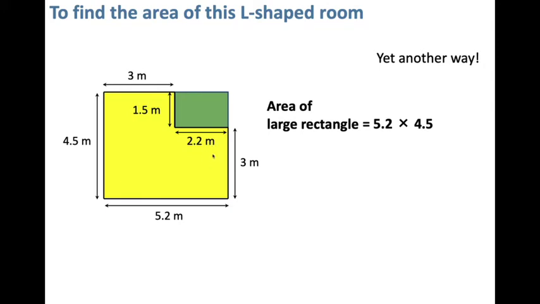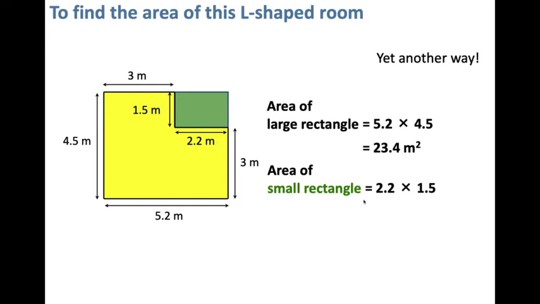Then when you're done, you come back to this one that you don't need to calculate the area of, so you can subtract it because you don't need it. So 2.2 by 1.5 will give you the area of that. So you have those two areas. This is the one you just calculated, the small area. And then you subtract it from the area of the entire thing, which was including this one.